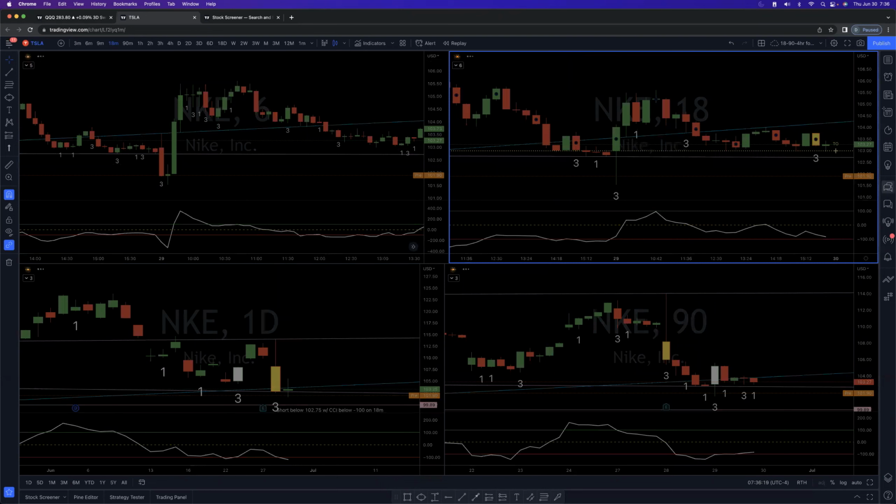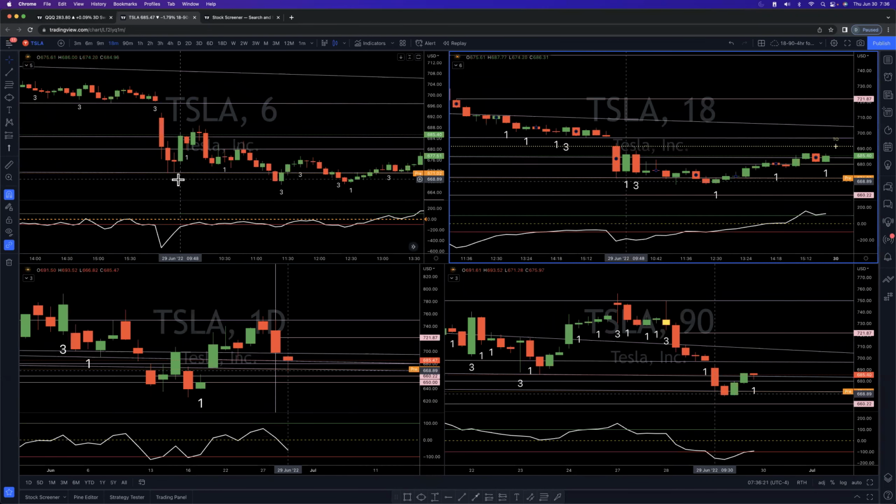So I'm always watching my CCI, and there was no momentum to take this 2-2 up, to take this green, the day green, because CCI never crossed back above zero and way below -100 on the 18, right? So guys, I'm looking for a short.